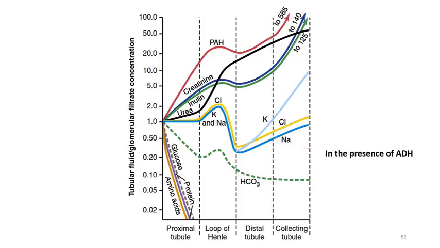And a point about urea concentration in the diluting segment: you see that compared to other solutes that are diluted, urea is concentrated in the diluting segment. What is the reason for this difference?